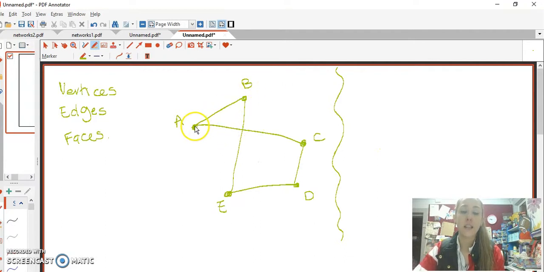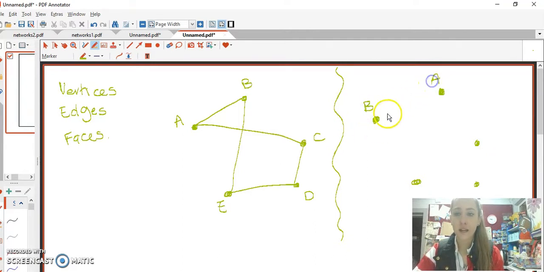So I need to keep the same information in there. So I need to keep that connection between A and B, BE, and AC. So all I'm going to do is just intuitively redraw it like that. But what I'm actually going to do is label this one B and this one A. So I've still got my AB connection there, and then I'm going to have my BE connection here.